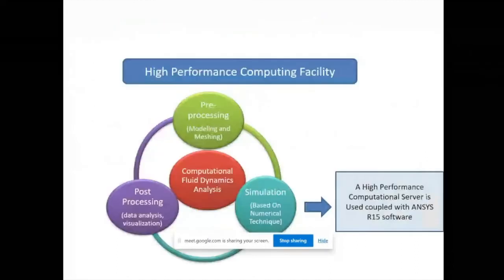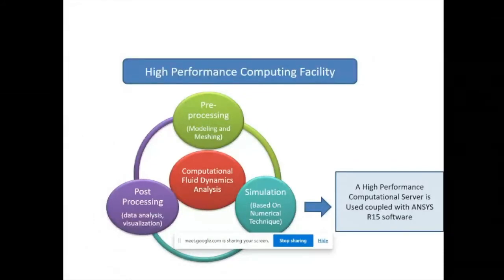For doing these kinds of simulations, we require very high computational facility. Because in the analysis, there are two kinds: one is the steady state and one is the transient. In the transient analysis, basically we predict the fluctuations also.